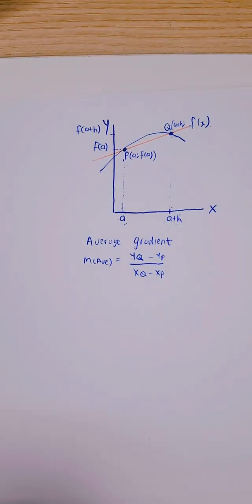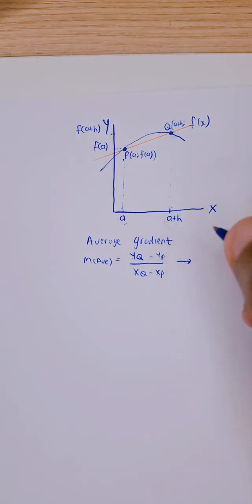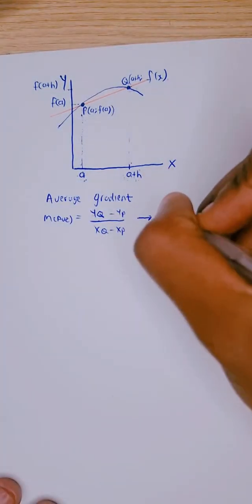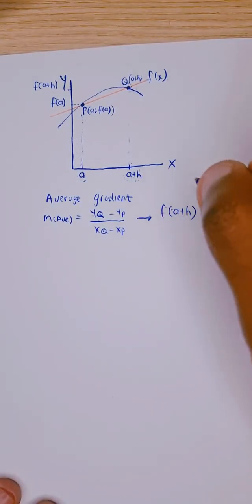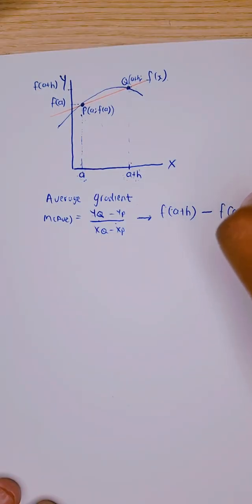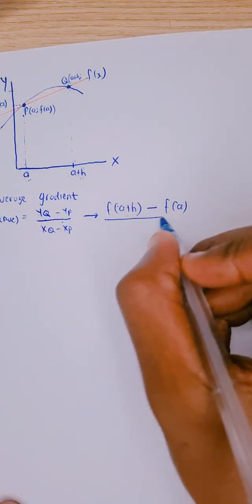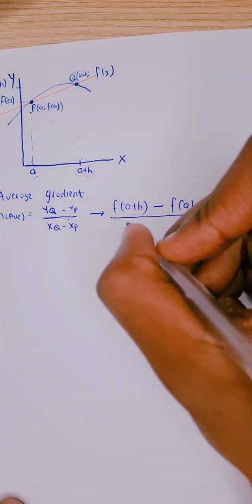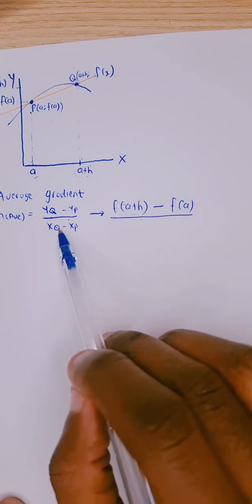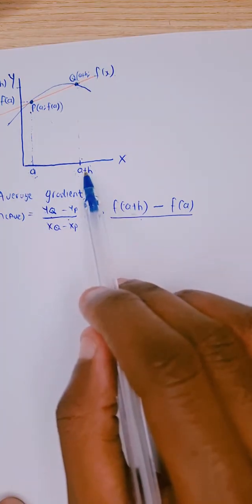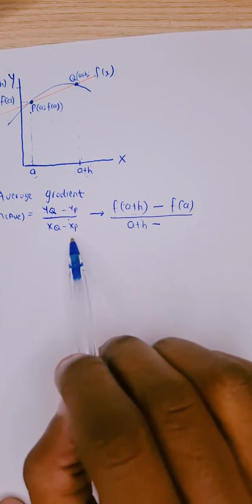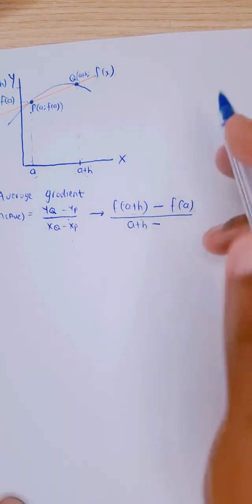So in other words, what is the y coordinate of Q? Remember, the y coordinate of Q is f of a plus h. So you can say f of a plus h minus the y coordinate of P, which is f of a, over the x coordinate of Q, which is a plus h, minus the x coordinate of P, which is a.